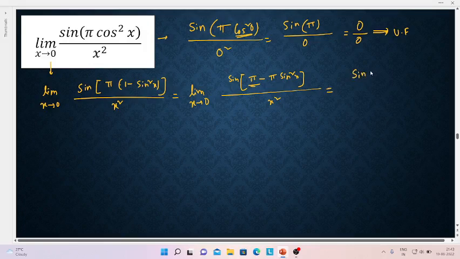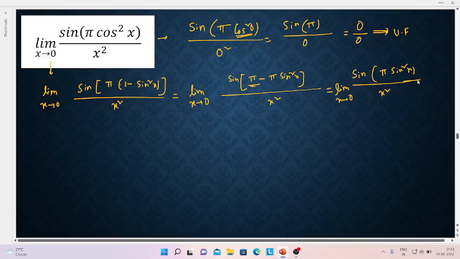I mean sin(180 degrees minus theta) is nothing but sin theta. So that becomes sin(pi sin square x) upon x square, and we take the limit as x tends to 0.